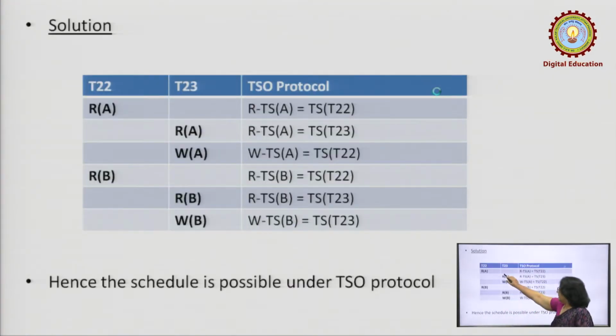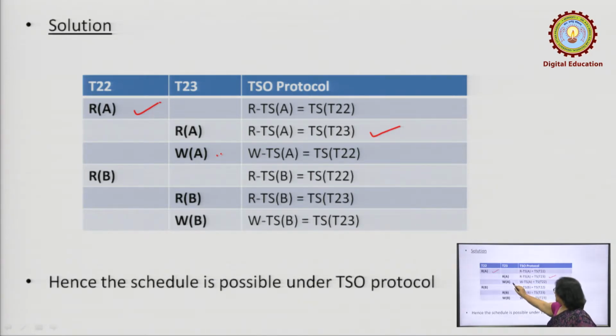So, we have T22, T23 and we see how the timestamp ordering protocol executes. Here read A will be executed and the read timestamp of A will be set to the timestamp of the transaction T22. Read A again is okay and the read timestamp will be set to the timestamp of T23. Now, let us see whether the write can be executed or not.